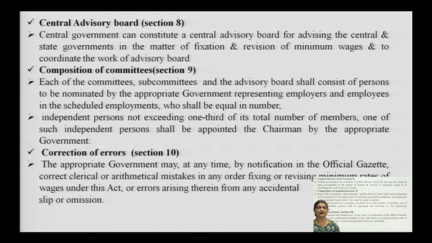Now, correction of errors. This is section 10. The appropriate government may at any time, by notification in the official gazette, correct clerical or arithmetical mistakes in any order fixing or revising minimum rates of wages under this act, or errors arising therein from any accidental slip or omission.